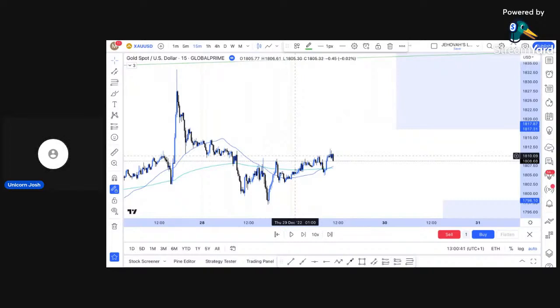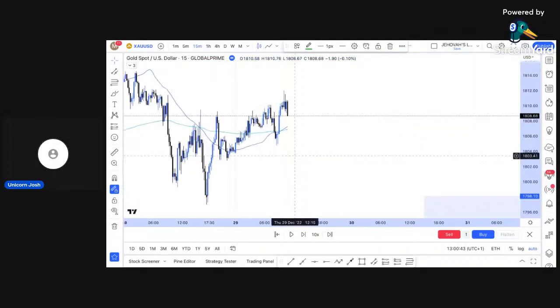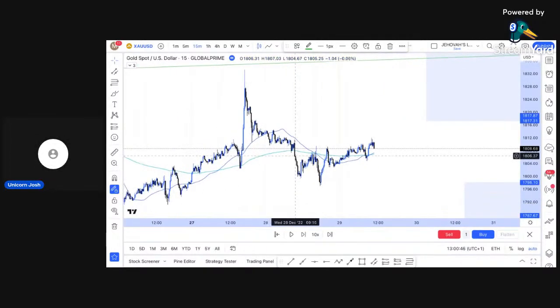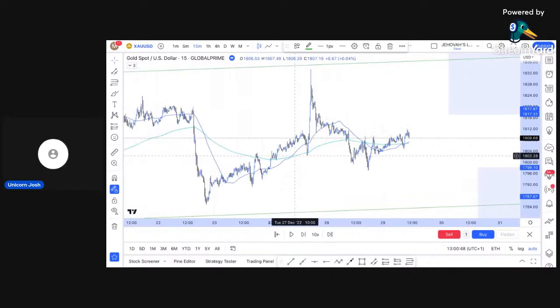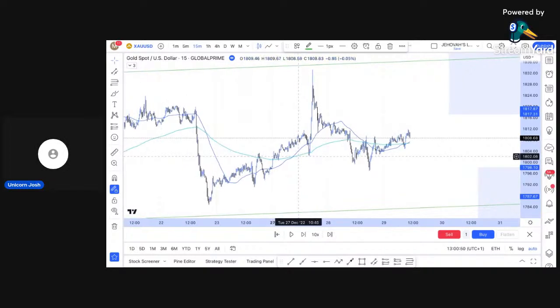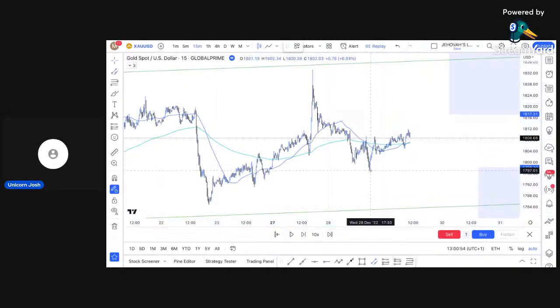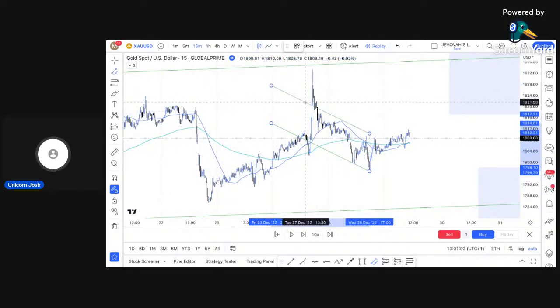Okay, so let me quickly get you guys a trade on this session before we call it. The point is to get a kind of symmetry.